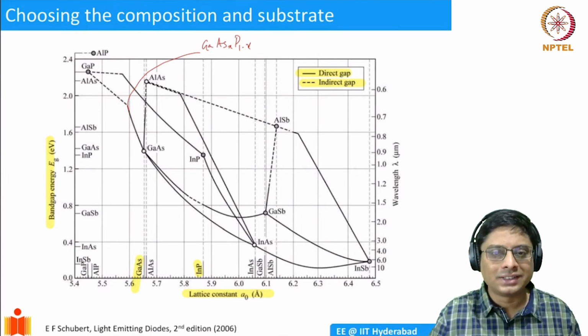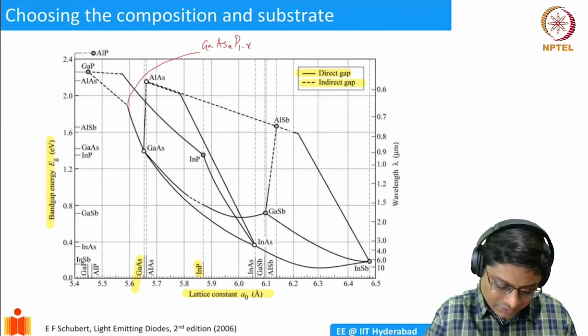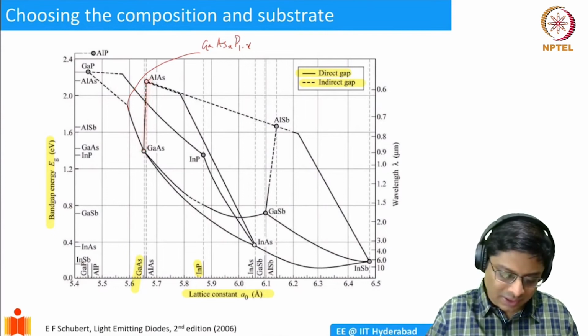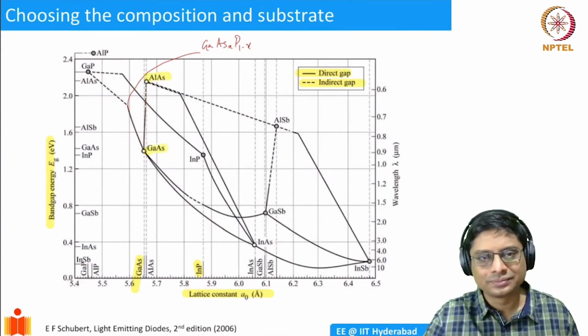Well, that is achieved if you look at this particular line. This is a combination of gallium arsenide and aluminum arsenide. Don't choose phosphorus, choose aluminum.